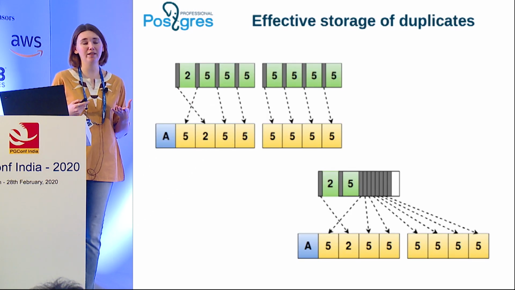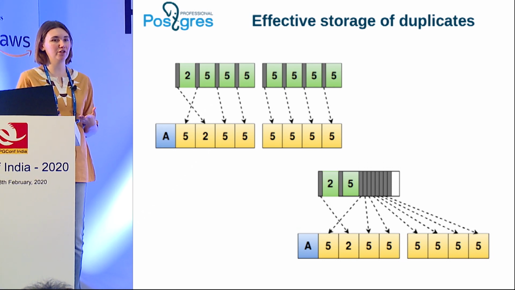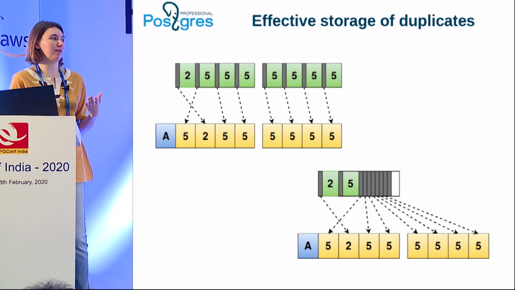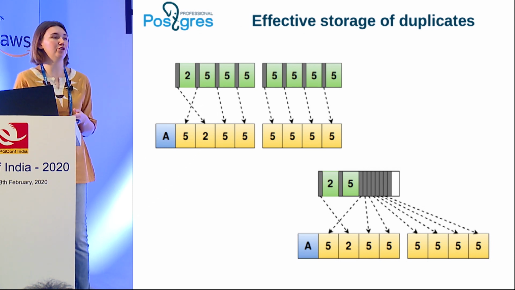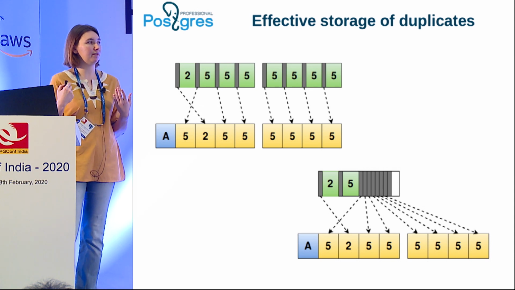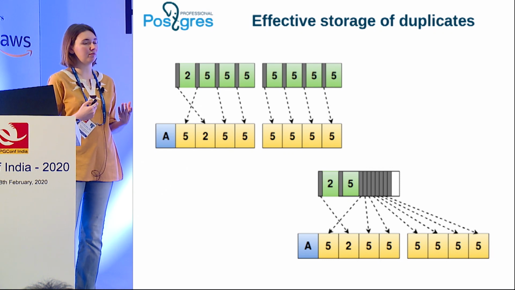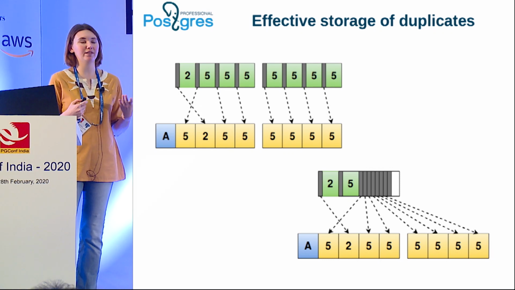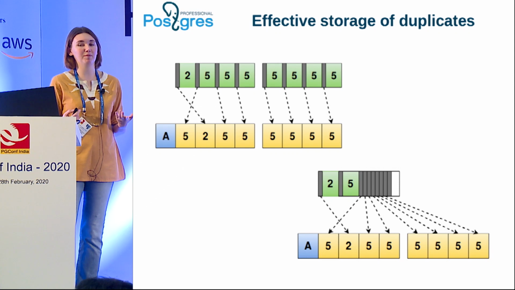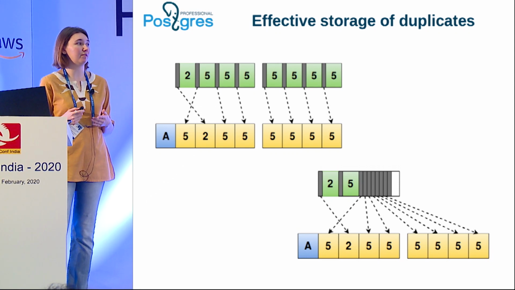So the idea behind this feature is very simple, actually. If you are familiar with GIN indexes, it's something like a posting list in a GIN index. The problem is that when we have an index with a lot of duplicates, we have to store the repeated key many times. And it takes space, and it leads to some degradation of index structure.